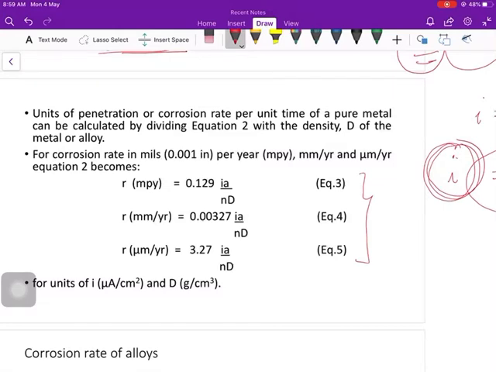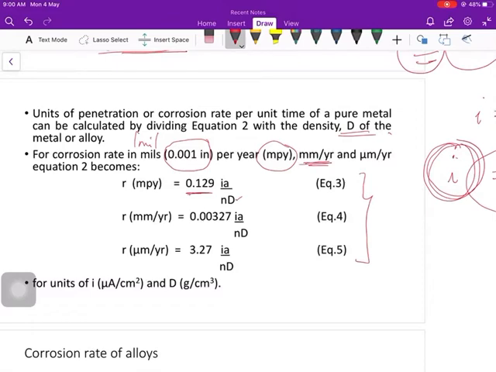So one is you can express the corrosion rate in terms of mils per year. This one, MPY, mils. 1 mil is equivalent to 0.001 inches per year. For mils, this is the constant, 0.129. And these three involve the density of the metal or alloy.